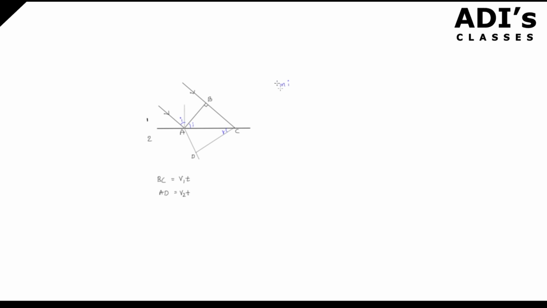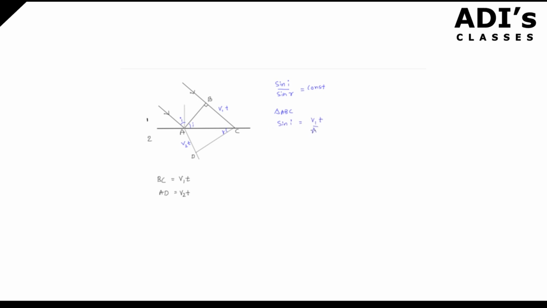Now we always have to consider the incident angle, so this will be angle I. If this is angle I, then this will also be angle I, correct? Next, if this is I, then this will be angle R, because it is the angle of refraction.